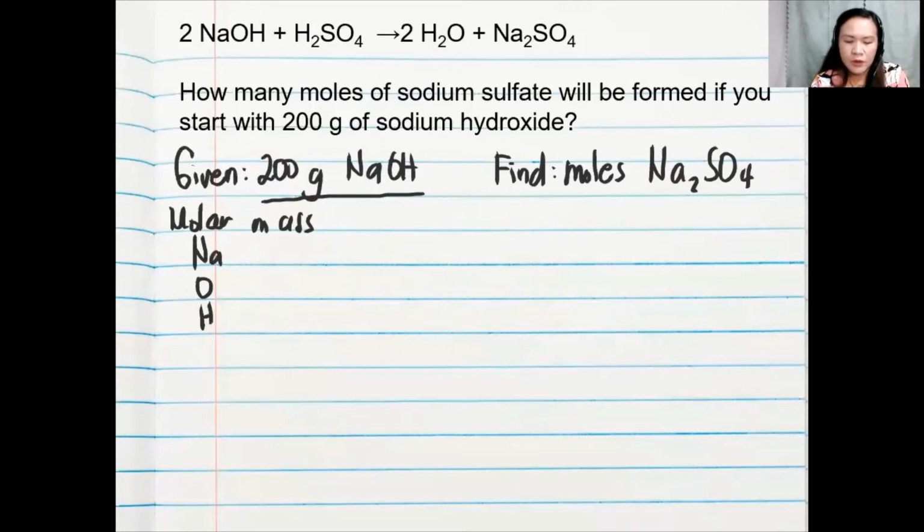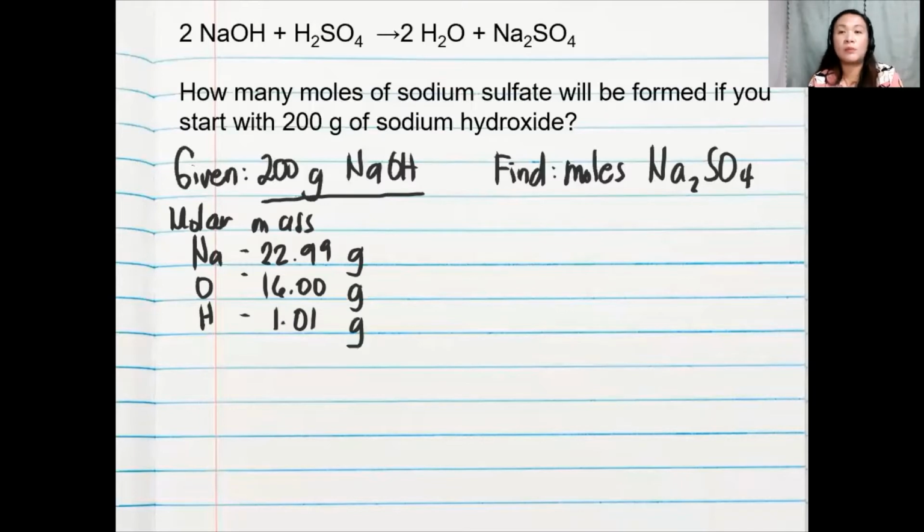So for sodium, we only have one, so that will be 22.99 grams from your periodic table. We have for oxygen times one atom, so that's just 16 grams. And then hydrogen, we also have one atom, so that's 1.01 grams. And so we get a total of 40.0 grams per mole.